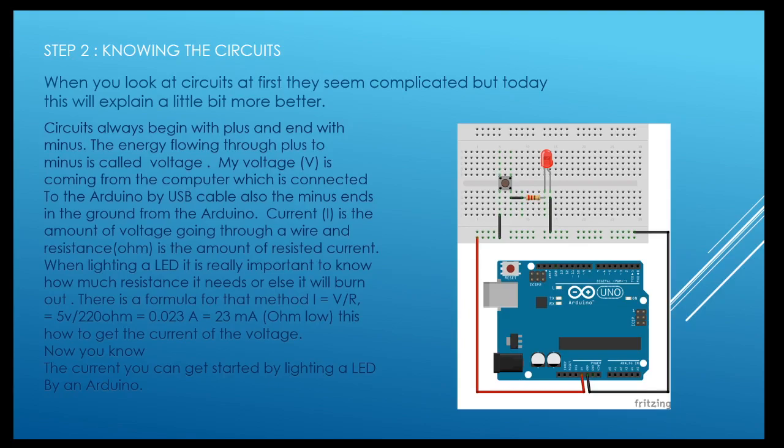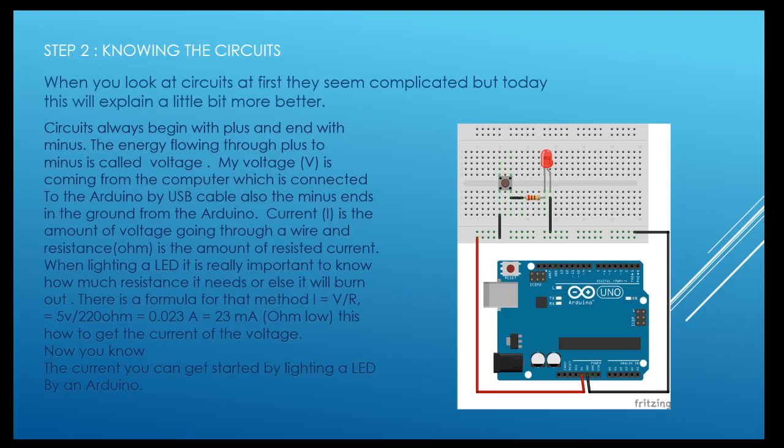Let's just continue on. R is ohm, so this will equal 5 volts, as you see there, divided by 220 ohm, which is going to equal the current, 0.023 A, which is equal to 23 mA. A milliamp is a thousandth of an amp, so 0.023 A is 23 mA.